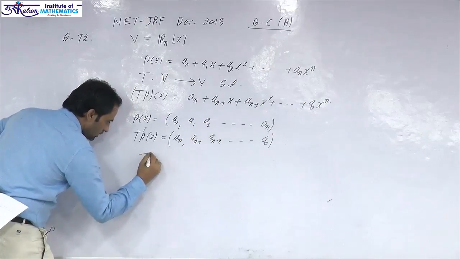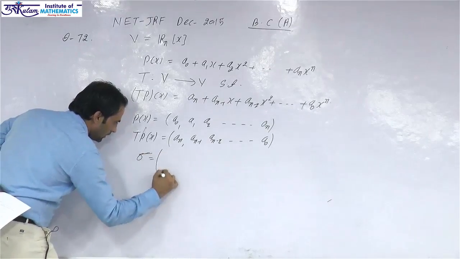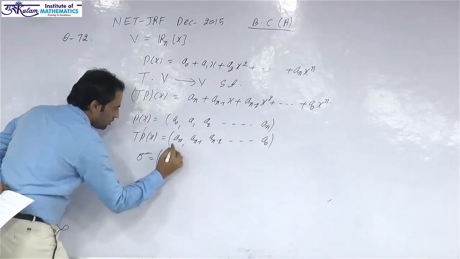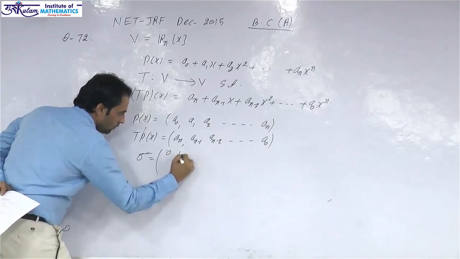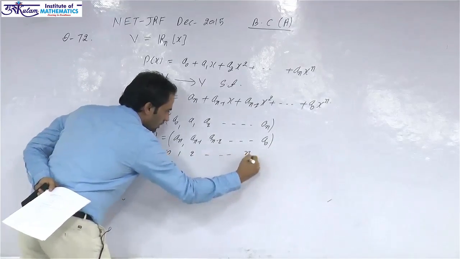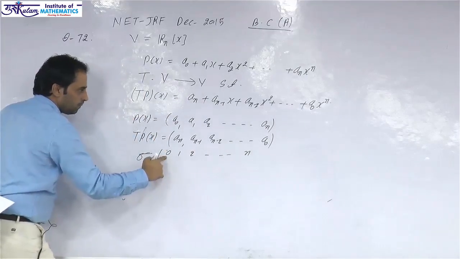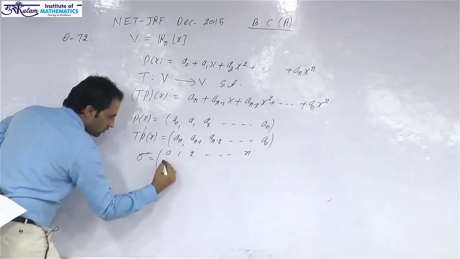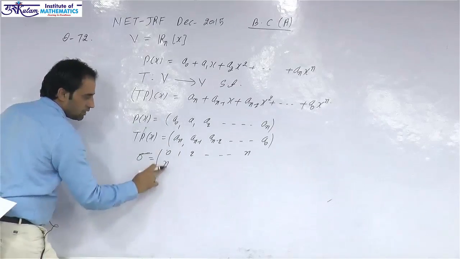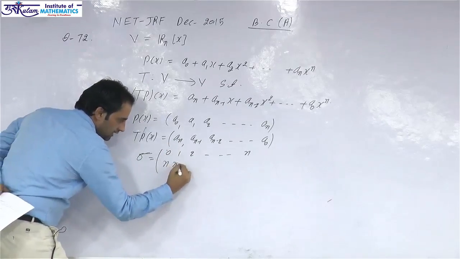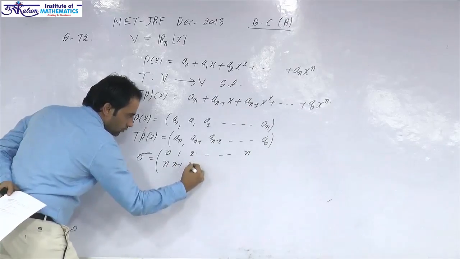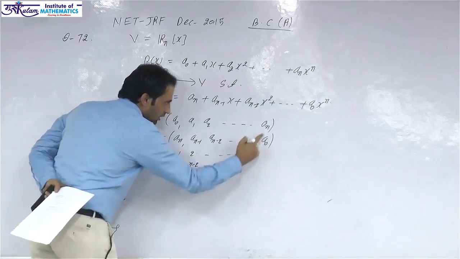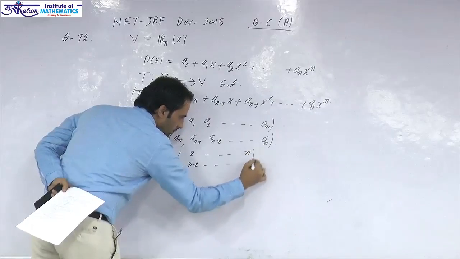So sigma corresponding to this permutation operator is, say, with notation 0, 1, 2 up to n. There are n plus 1 symbols, and the image of a naught is an. So the image of 0 is n, the image of 1 is n minus 1, the image of 2 is n minus 2 and so on, and the image of n is simply 0.